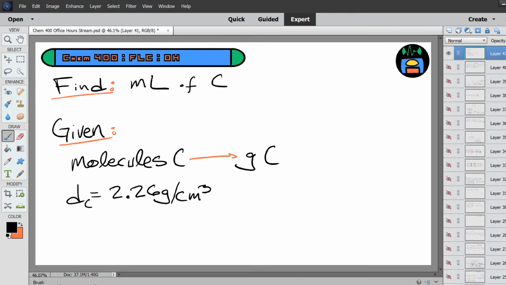Now, you're going to see a common theme, actually, even with the problem that I just did. You've been given density, and density has an algebraic expression. You've been given a value for density, but density has an equation, right? Density is equal to grams over volume.